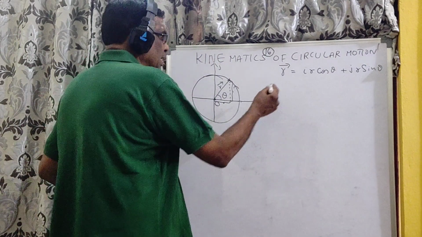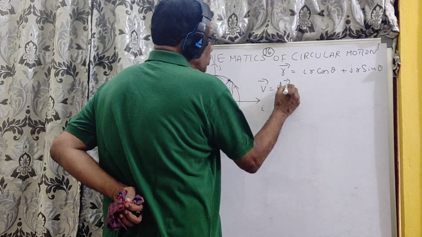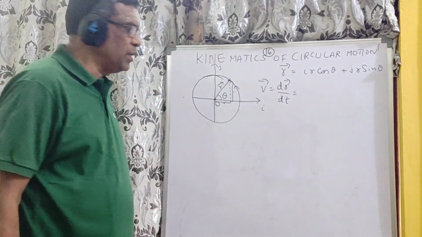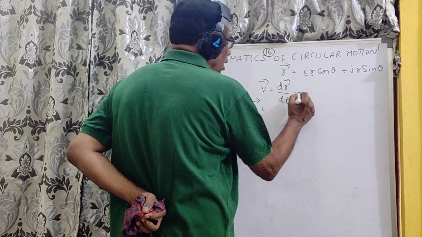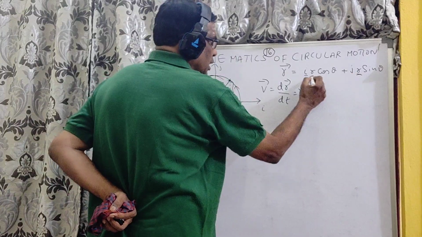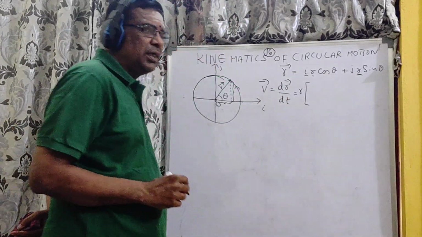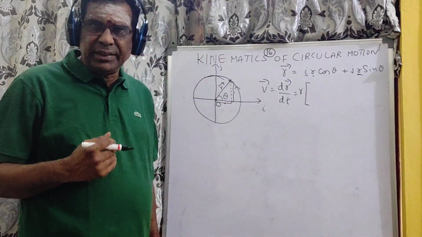If that is the case, I know that the rate of change of position is dr by dt. Now if I define i constant, r of course is anyway constant, in both cases I took out i cos theta.